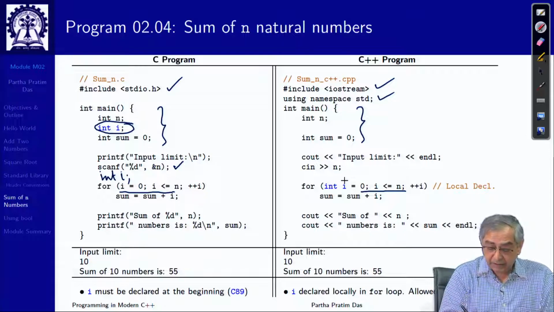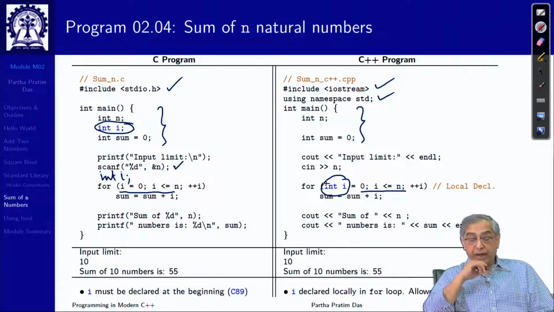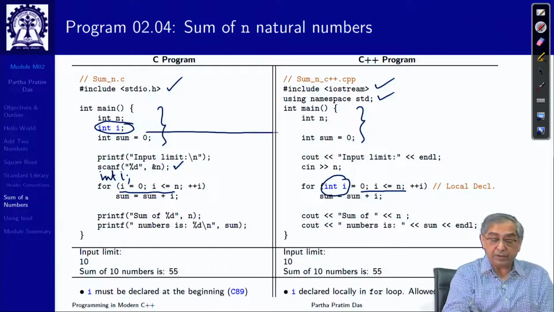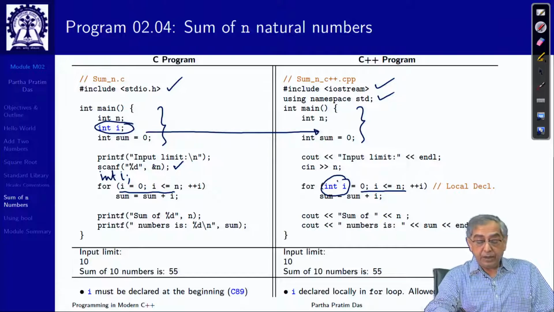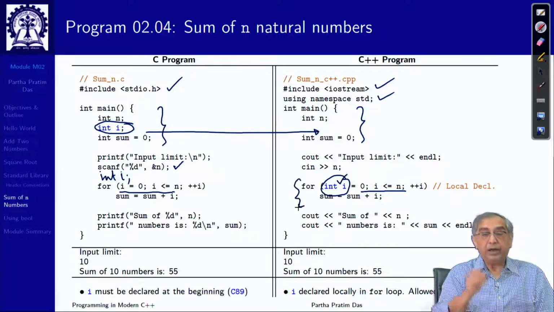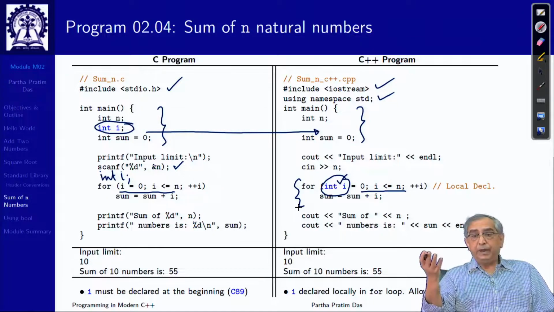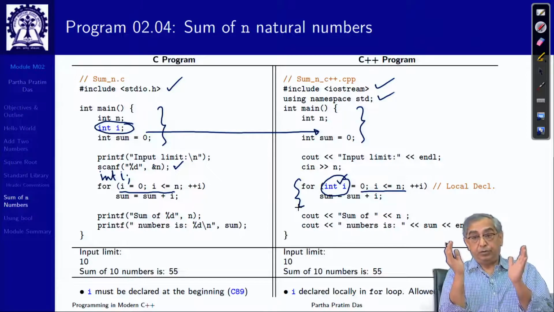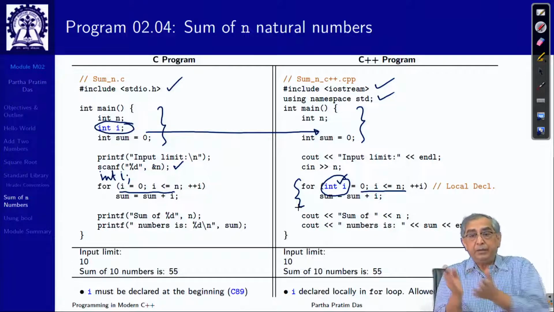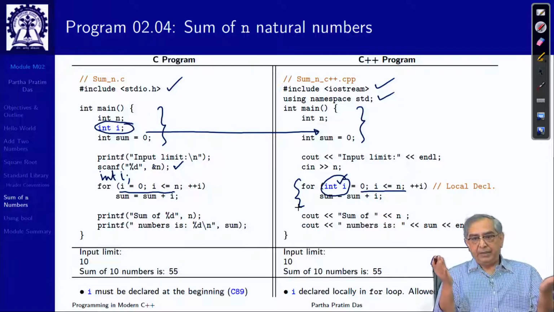But in C++, you may use it right inside the loop, not have to, you can declare it outside as well. If you use it right inside the loop, it is just a local declaration here, which is often very useful, because wherever you need it locally, within that control construct, you can declare and use it, and outside of that it is not defined. So, that same name can be reused.